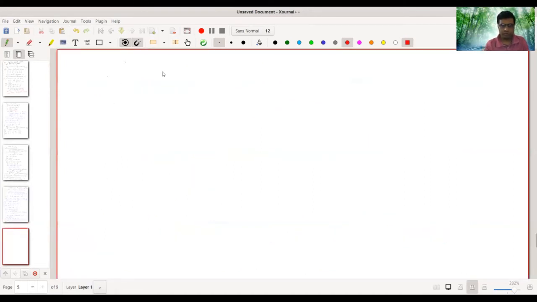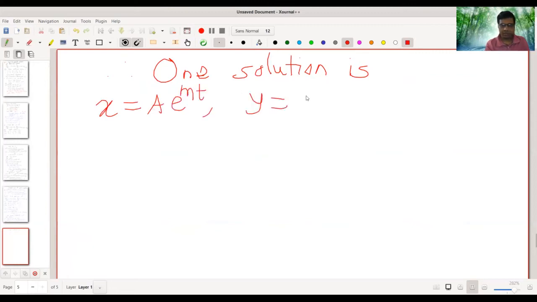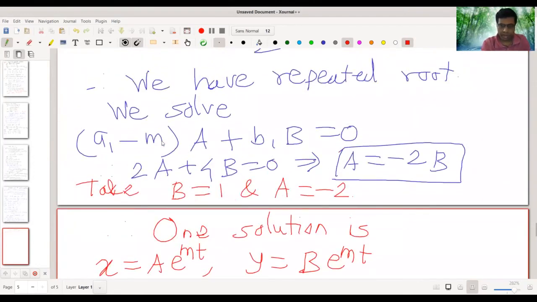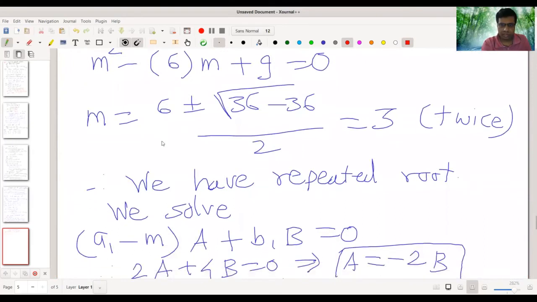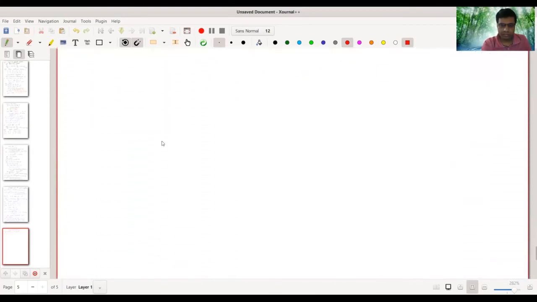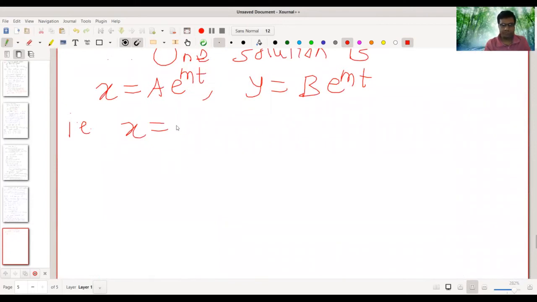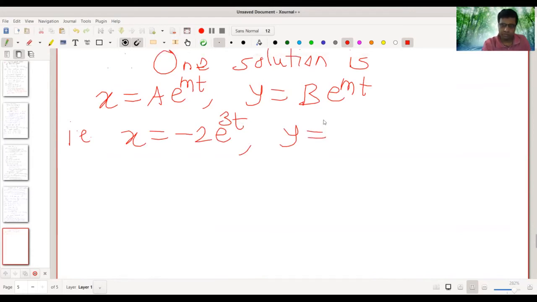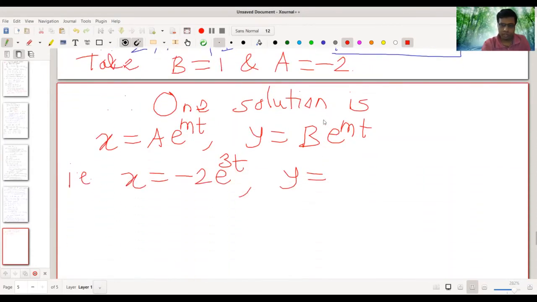Therefore, one solution is x equal to a e raised to mt, y equal to b e raised to mt, that is x equal to minus 2 e raised to 3t, and y equal to b is 1, so e raised to 3t.